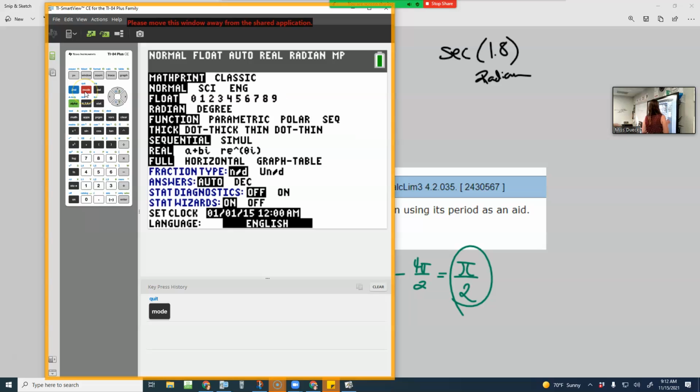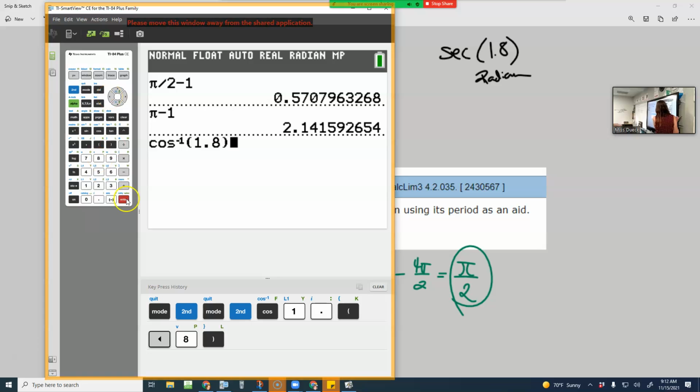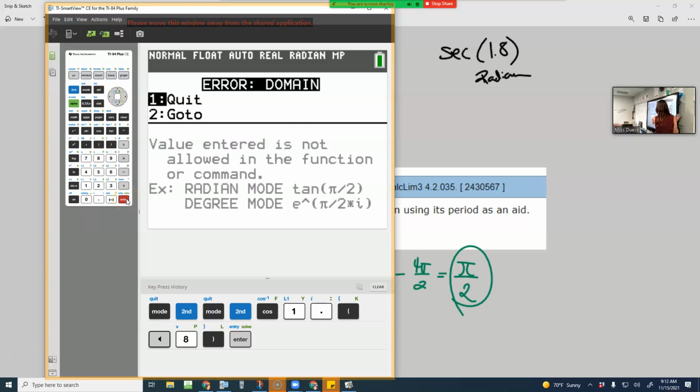Let me model. My calculator is in radian mode, so that's okay. Some of you might have been trying to be clever and said, yay! But here's the struggle. If I plug this in, it's going to get really mad at me and say that it's impossible, that it's outside the domain.